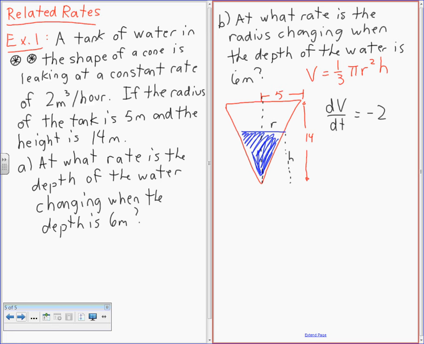Go ahead. What else do we know about this? Anything? Look at part A first of all. So I think we're done with the given part. Let's look at part A. What do we know for part A in this case? Yeah, good. So then what's the depth going to be? H, thank you. So H is going to be 6. Good. All right.